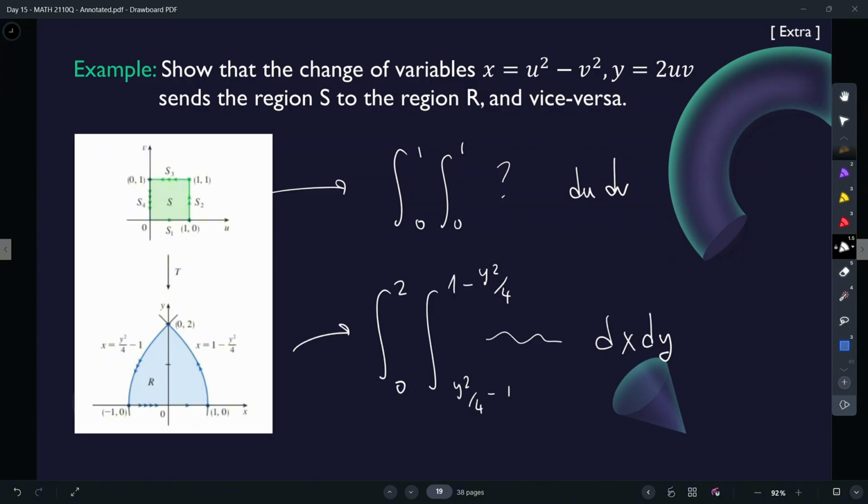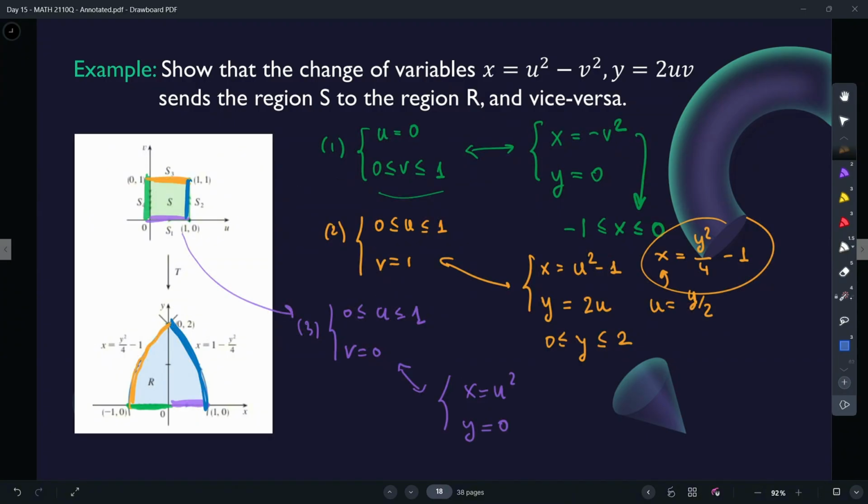Or before I go into that, to figure out where this shape goes, usually they give me one shape and I have to figure out what is the transformed shape. So what I did is take one boundary. For example, here I can describe that piece of line, and then I figure out where all those points are going.